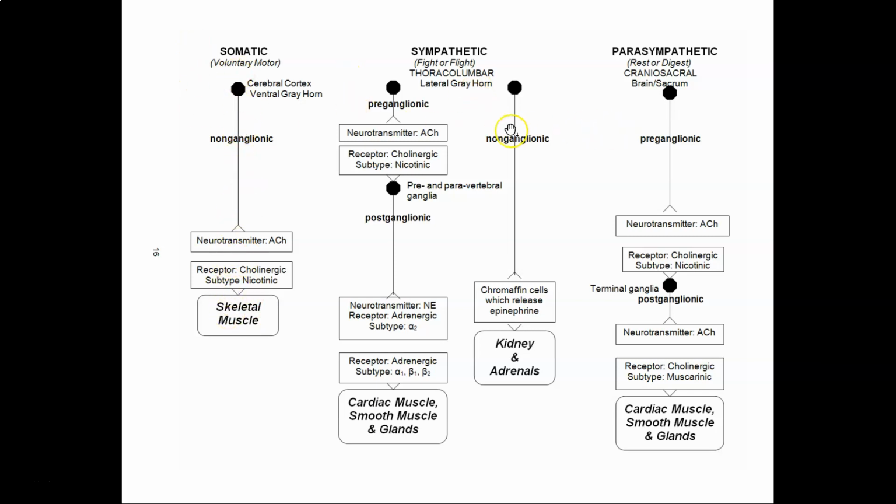The sympathetic and parasympathetic are a little more complicated. The sympathetic nervous system is known as fight or flight. Sometimes it's known as the thoracolumbar area because the cell bodies initially arise from the thoracic and lumbar area of the spinal cord in the lateral gray horn. So in the thoracic and lumbar area of the spinal cord, you have an extra horn.